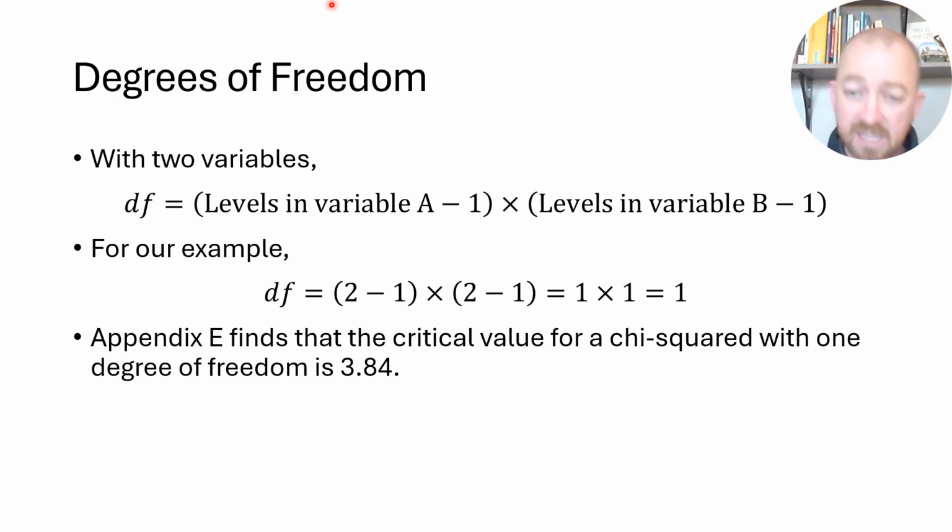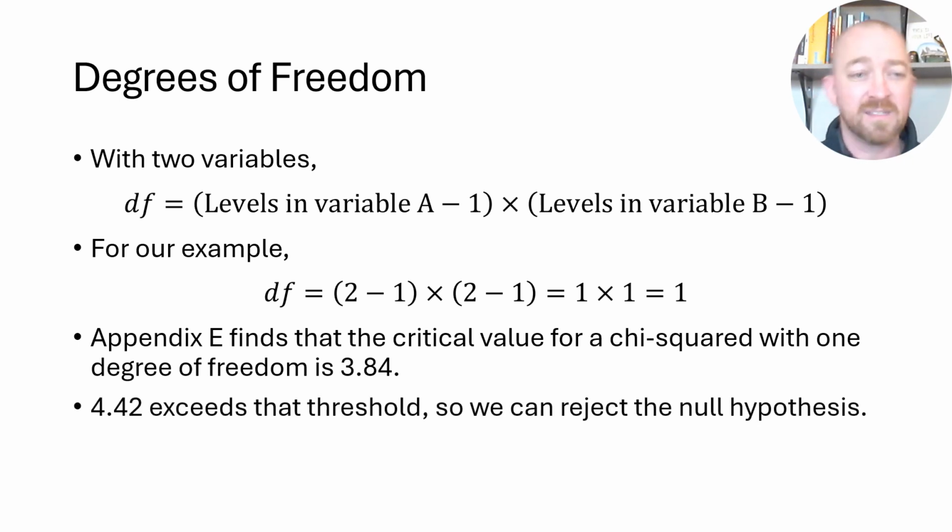Now of course Appendix E, as we've gone over before, if you're using my textbook, will show you that the critical value for a chi-squared analysis with 1 degree of freedom is 3.84. Once again, what that means is that is our lowest threshold for statistical significance. A chi-squared analysis with only 1 degree of freedom needs to be at least 3.84. The value of the chi-squared needs to be at least 3.84 before we can say that it was statistically significant.